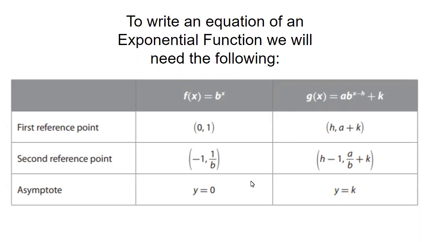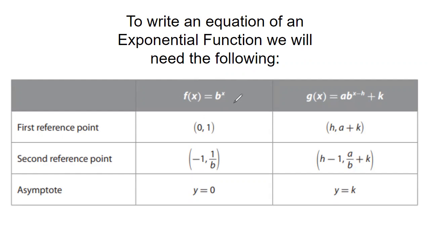Now, we're gonna write functions, and we need these items in order to do so. We're gonna be looking at 2 points. The first point is called the first reference point, and it depends on how our graph is given.